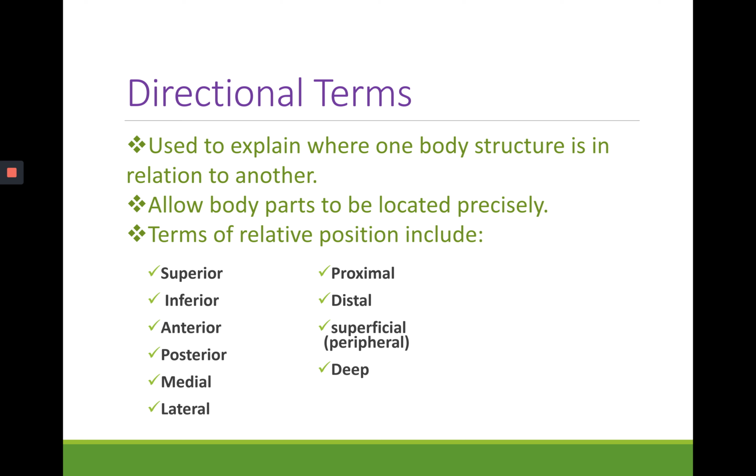Inferior means below the other structure, or towards the feet compared to the other structure. Anterior means towards the front compared to the other structure. Posterior means towards the back compared to the other structure. Medial means towards the middle more compared to the other structure. Lateral means towards the outside or away from the middle compared to the other structure.